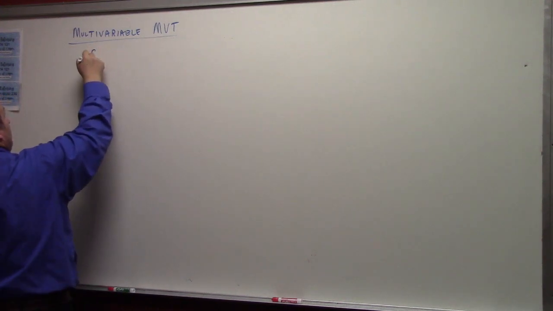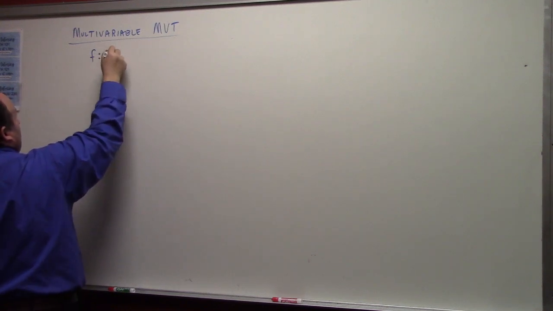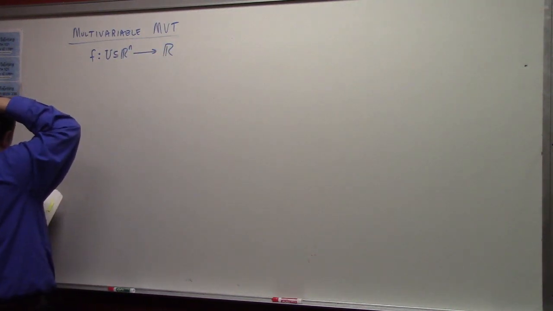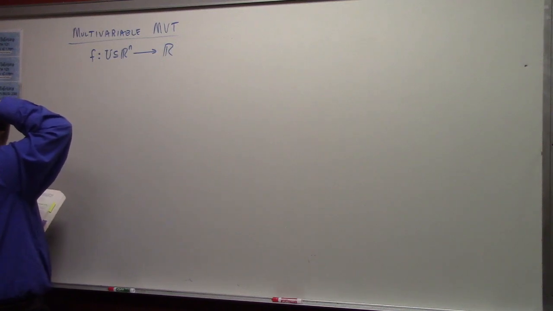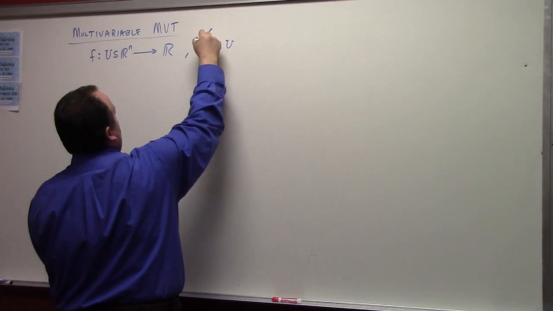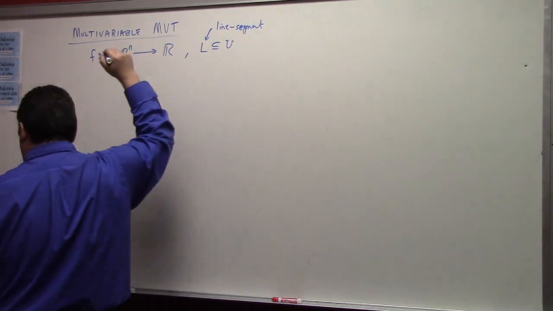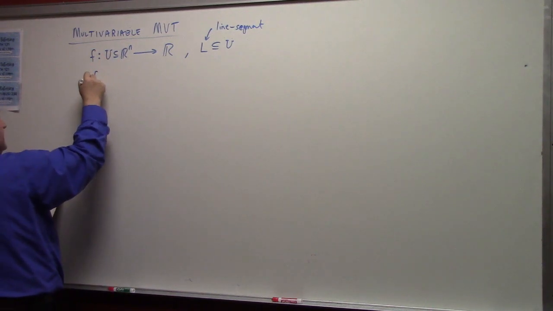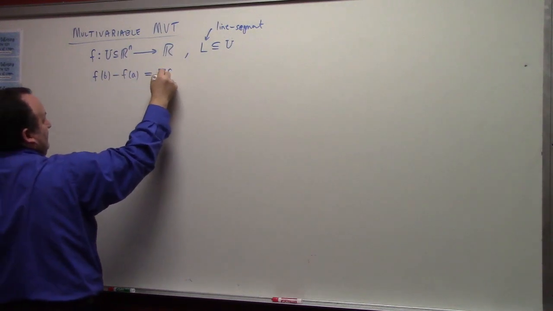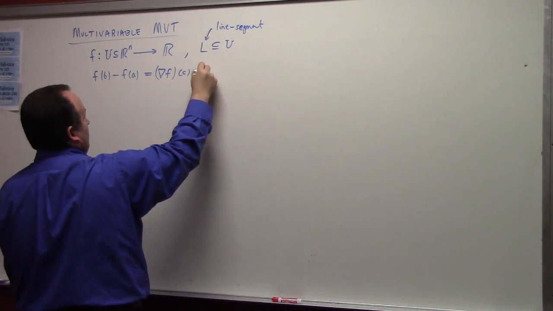In other words, if you have f as a mapping from U, which is a subset of Rn, to R, a real valued function on perhaps an open subset of Rn, and suppose that L is a line segment, then the natural mean value theorem to try to find would be this: f of b minus f of a, well, by golly, it ought to be equal to the gradient of f at some point c, dotted with b minus a.